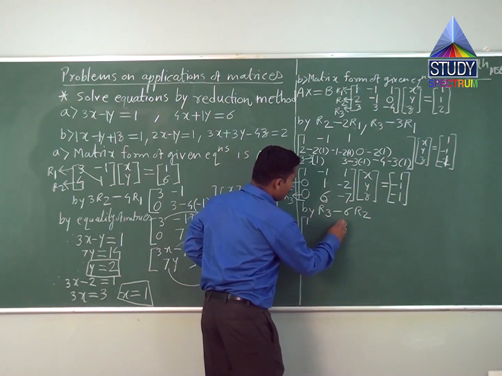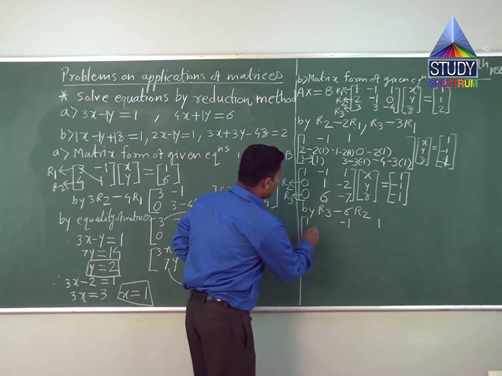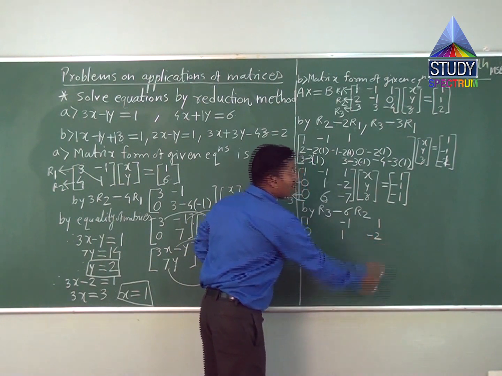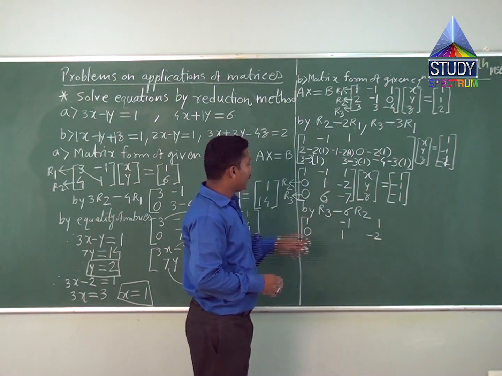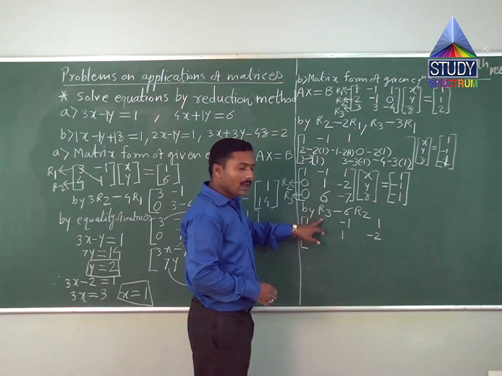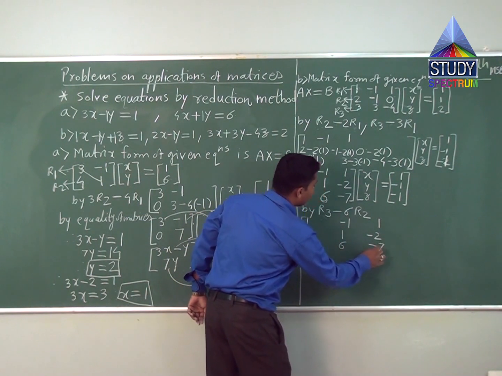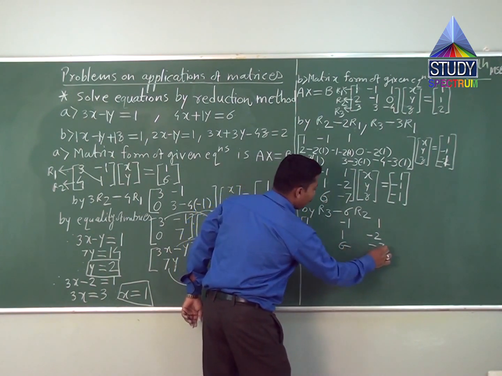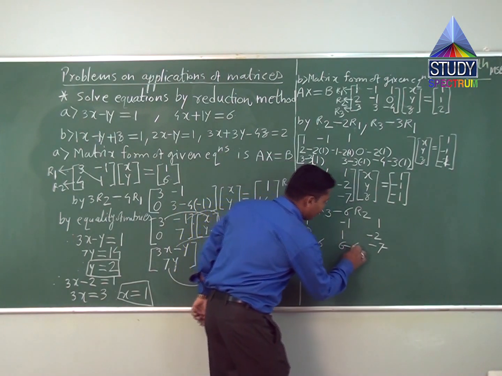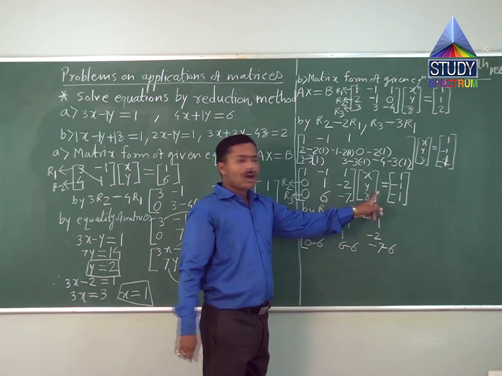So 1 minus 1, 1; second row as it is, 0 1 minus 2. R3 minus 6 R2. So write first R3 as it is, 0 6 minus 7, then minus 6, so right here is a 6, and lastly R2 means write R2.